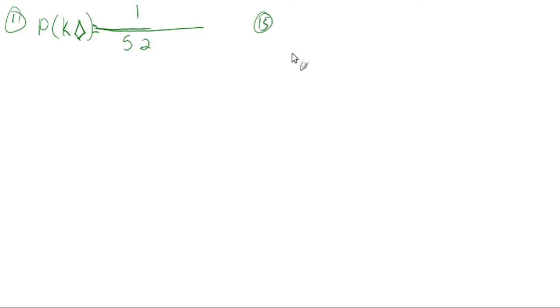Happens all the time. A card other than a 2, so the probability of not a 2. How many cards are not 2s? There are 52 cards. 4 of them are 2s, so 48 of them are not 2s. 48 out of 52 altogether.